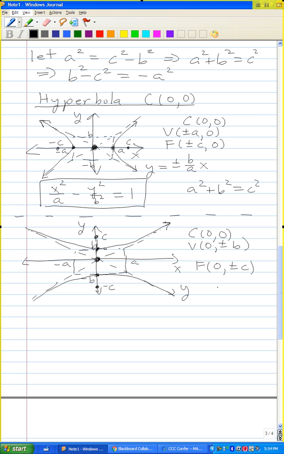So I have the equation of the asymptotes of y equals plus or minus b over a x, and I have that.